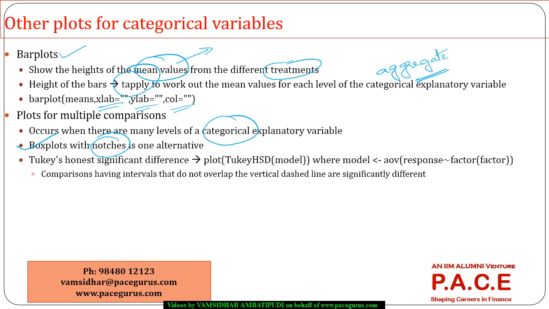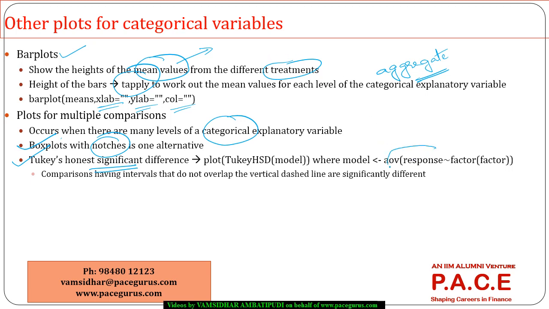But the other one that I can very well look at is Tukey's honest significant difference plot. Very interesting plot. So first of all, I have to go with a model. The model is based on the ANOVA.